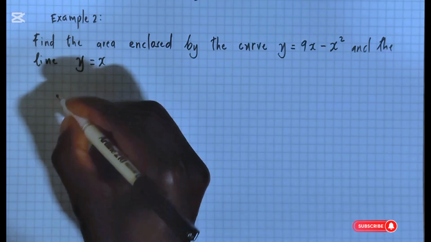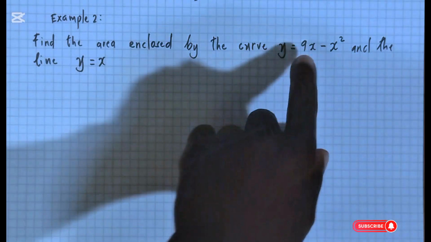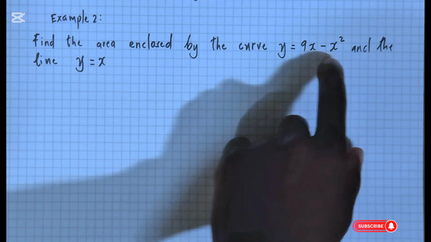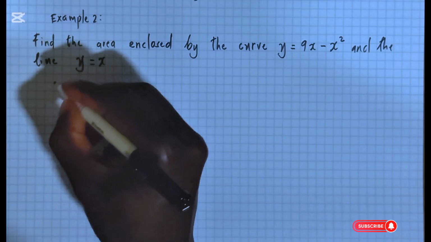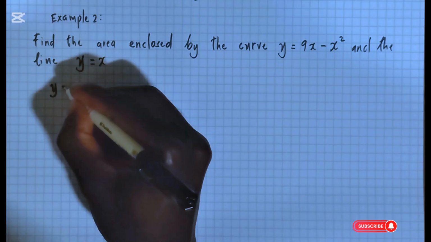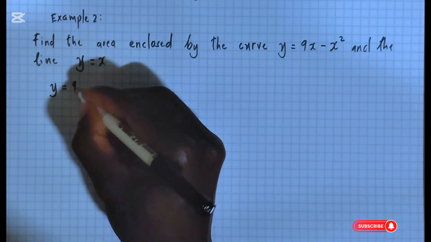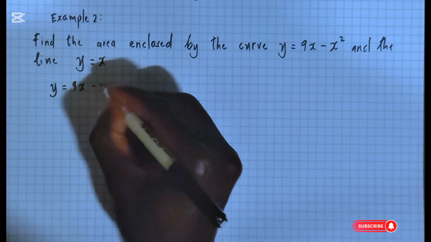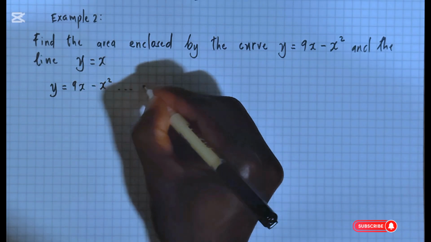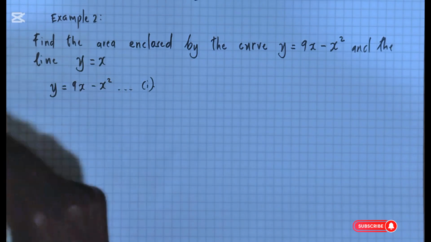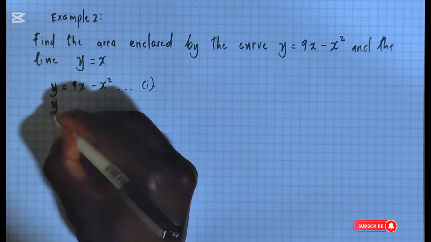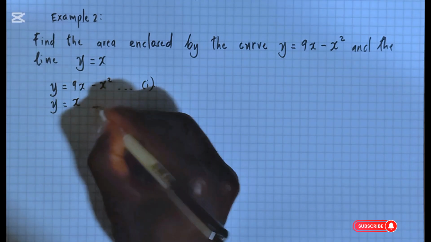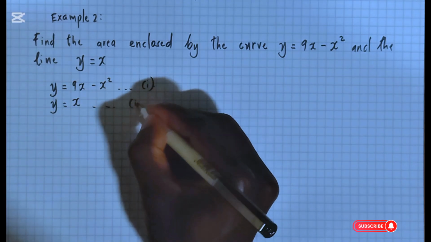So for us to find the limit, we have y equal to 9x minus x squared, and I'm going to call that equation 1. Then we also have y at the same time equal to x, which I'm going to call equation 2.